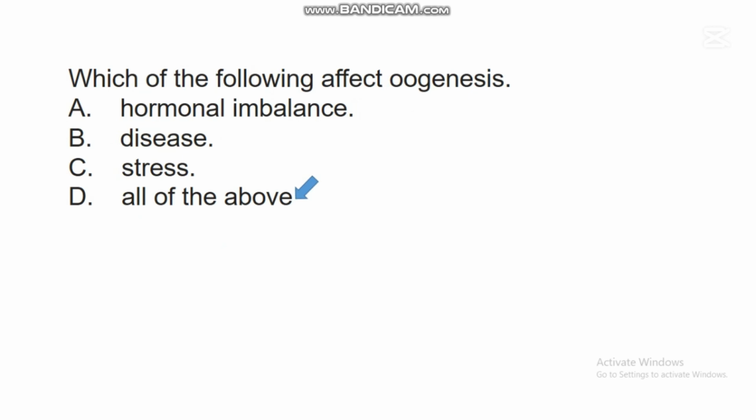Disease can affect egg cell production negatively. Studies have shown in human physiology that when an individual is exposed to high stressful conditions, egg cell production can be affected. All these things are factors that affect oogenesis.